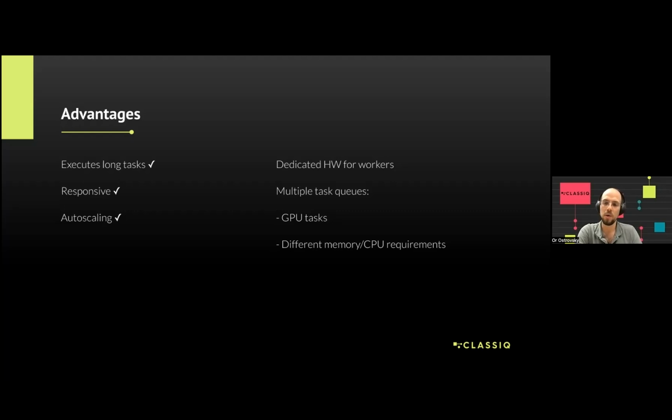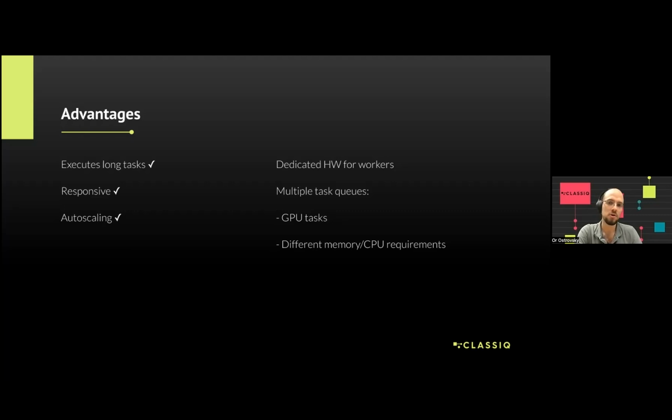Additionally, we can fine-tune the memory and CPU requirements for just plain workers. For example, if you have a medium-sized job, you will allocate such and such amount of CPU and memory.